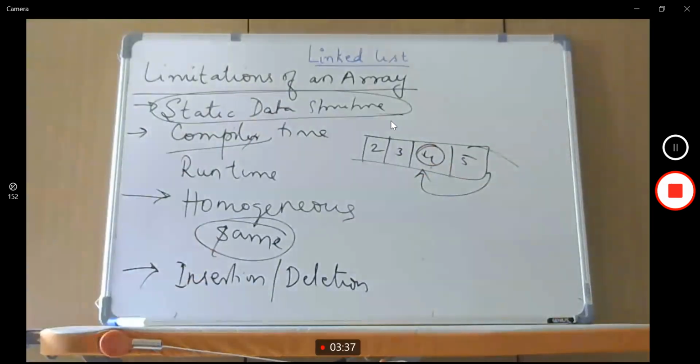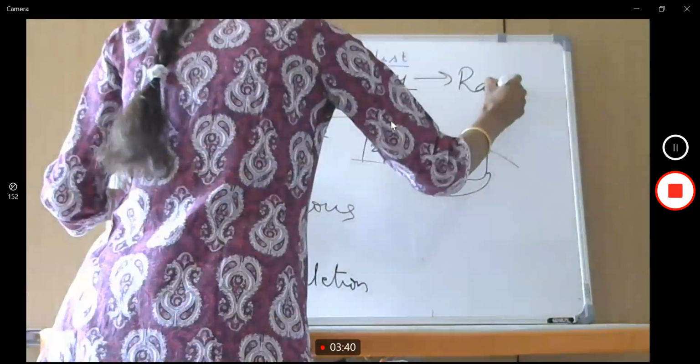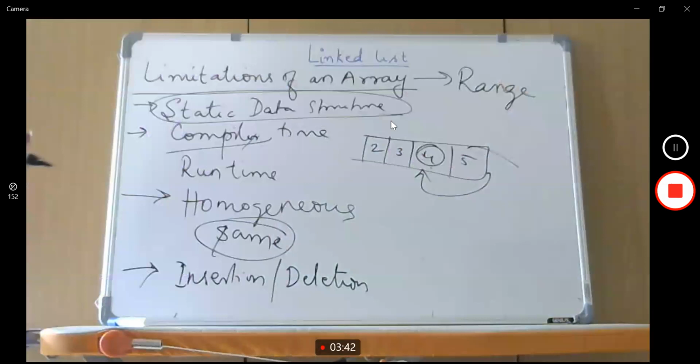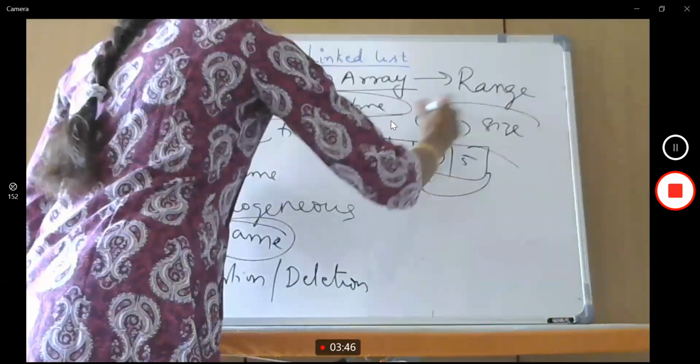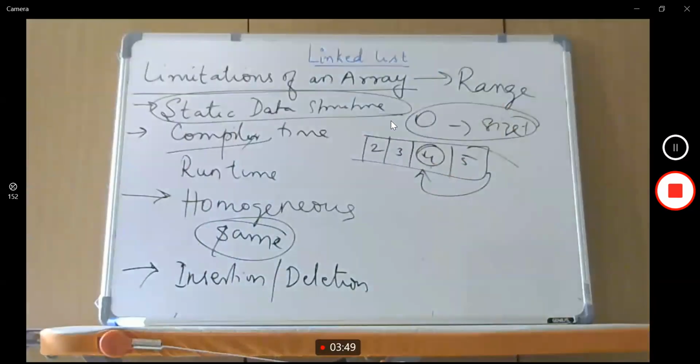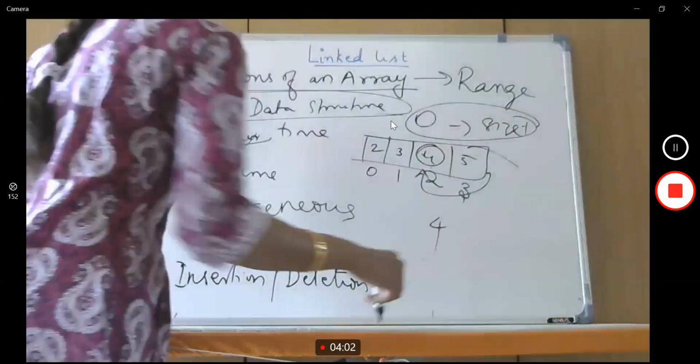Then always when we say array, it has a range. That means it is going to range from, let us say, 0 to size minus 1. You are going to declare the size of the array at the compile time, so that much memory is already allocated for that array. Now this is 0, this is 1, this is 2, this is 3. Can I access 4? You cannot access.